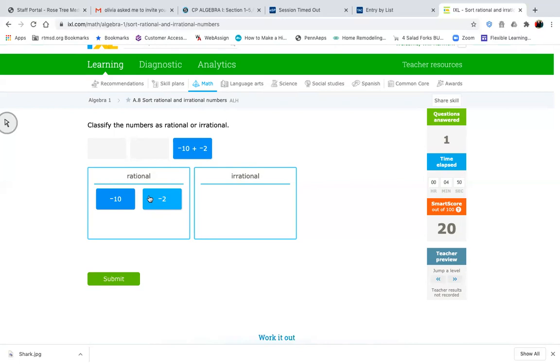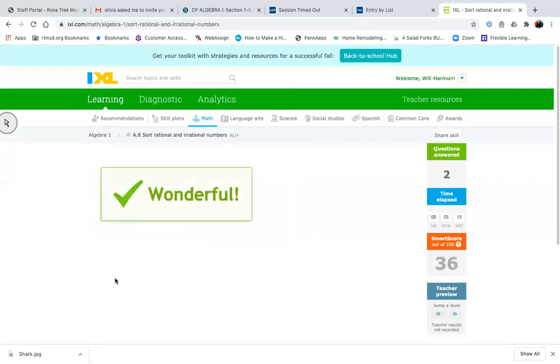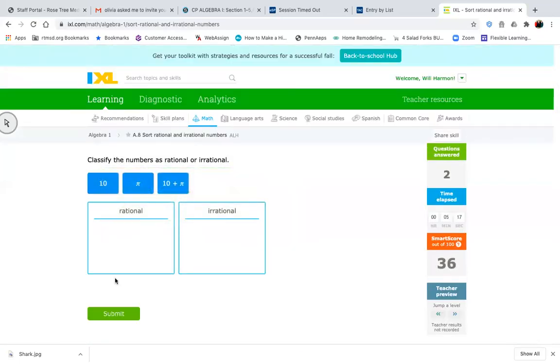Ellie? Isn't that -12? Do you think the answer is going to be rational or irrational? Rational. It is going to be rational. So when you have a rational plus a rational, the answer is rational.